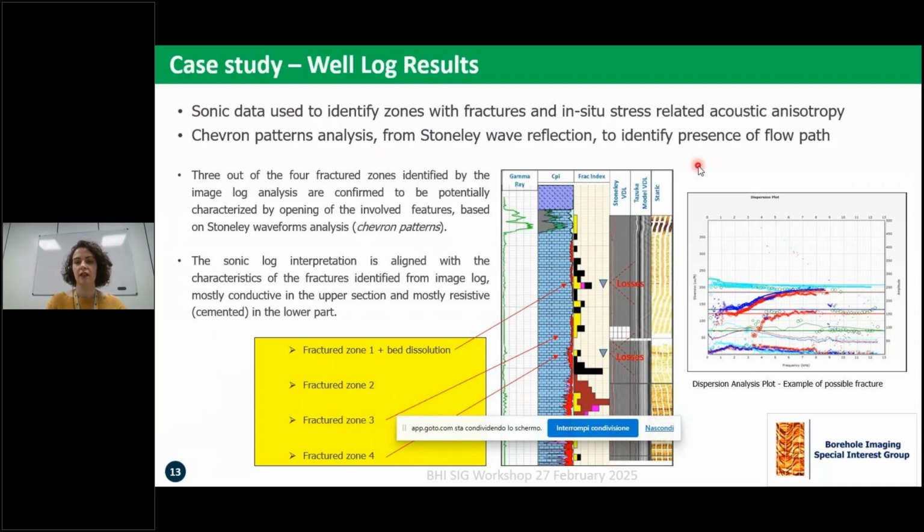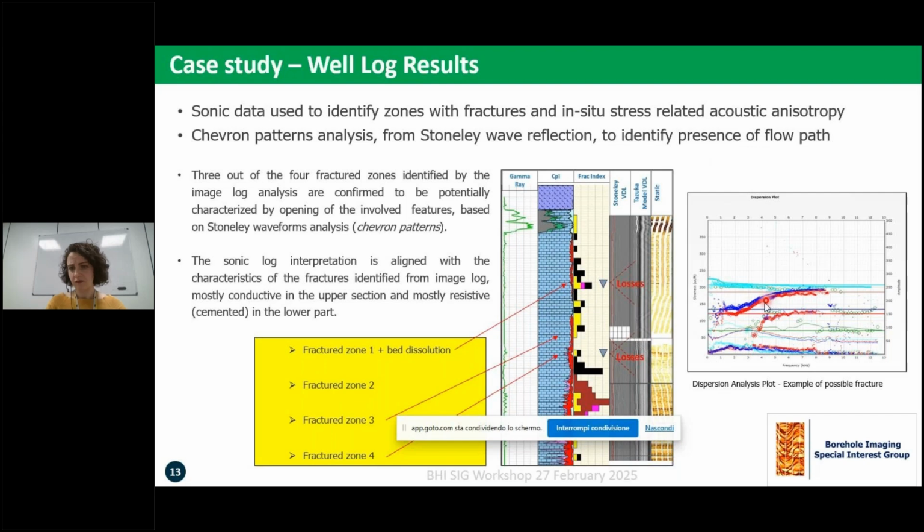Another important piece of information could be from the dispersion plot from dipole processing. In particular, as you can see in this plot, we observed intrinsic anisotropy at formation scale. In fact, the fast and slow shear are different. And this anisotropy could be related to the fractures. But this plot can provide us another important information.